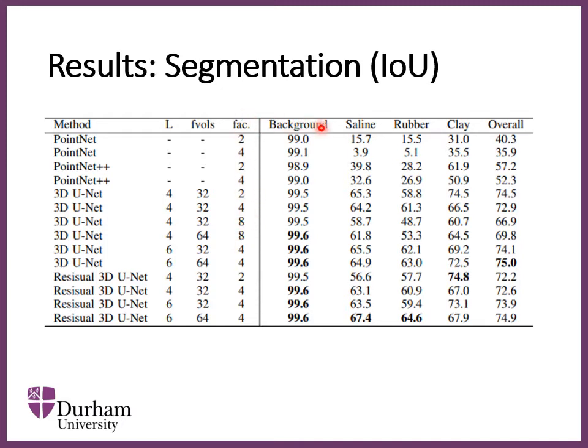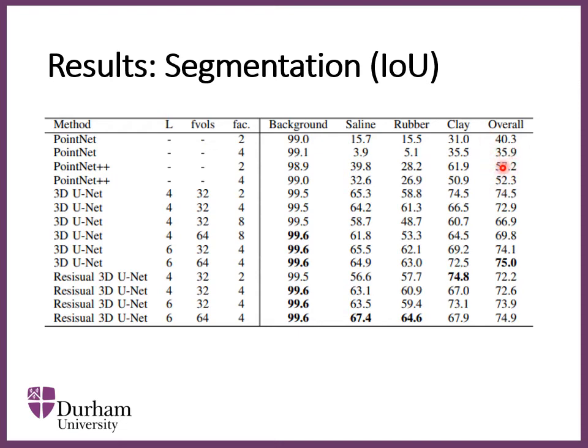We report the segmentation results in terms of IOU for the background and 3 different materials, and also the overall results. The results in this table can give us some insight. First of all, we can see clearly that in the first 4 rows, PointNet and PointNet++ give generally worse results than the 3D UNet methods, but it's not completely rubbish.